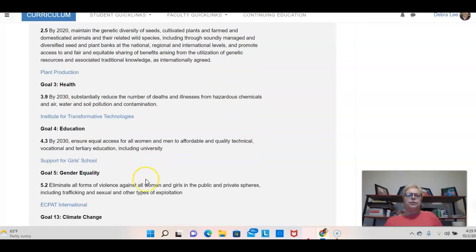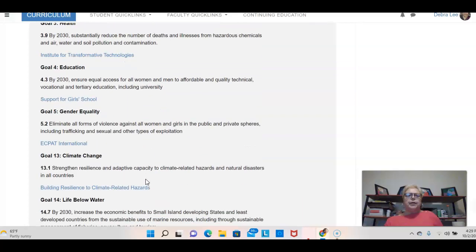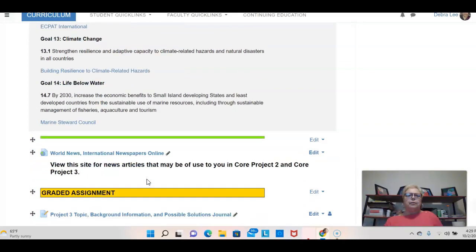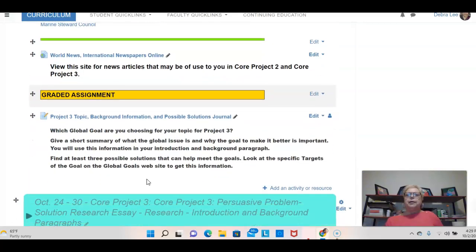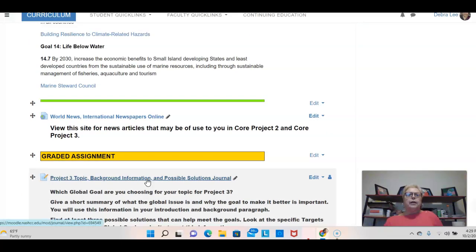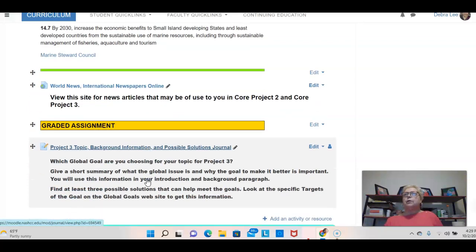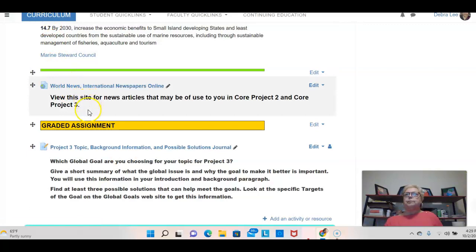These are all related to the goal and to the target that we're looking at for those goals, but you may not be interested in those at all, and you may not even be interested in one of those goals. Pick the one that you want to investigate and write about from the first 16.